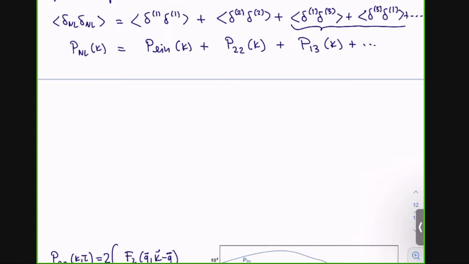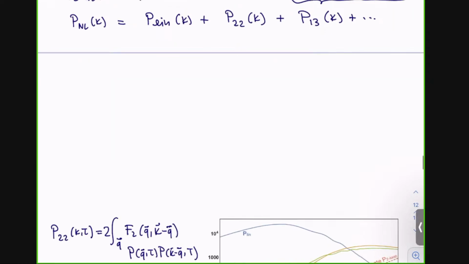And in terms of diagrams, they have different representations. So for example, P22 really comes from taking the expectation value of two second-order solutions. So you have to do two contractions, something like that. And each one of them gives you the power spectrum. So sometimes we represent this more abstractly as a diagram which is like that.